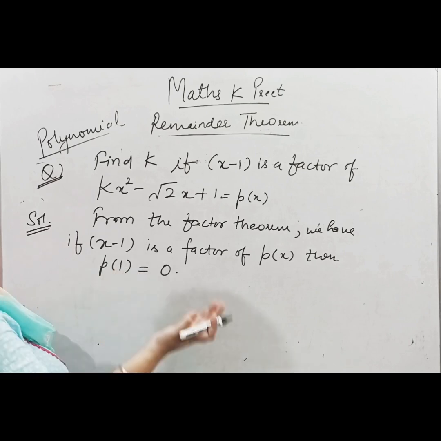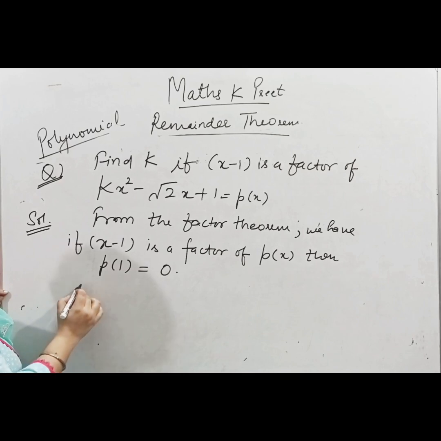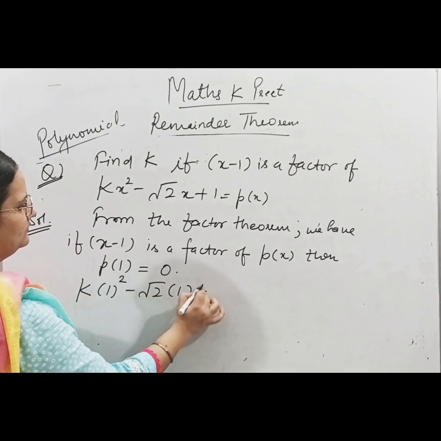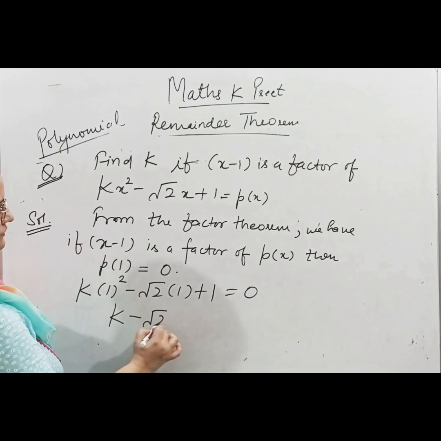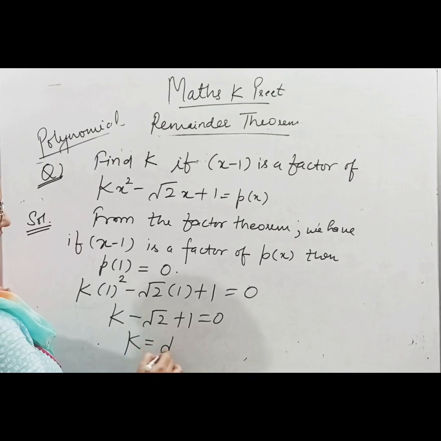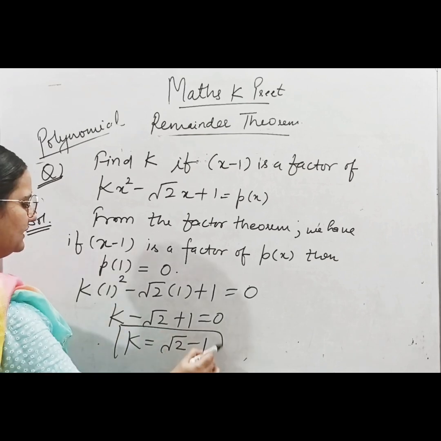The factor theorem says p of a, so here a is 1, p of 1 equals 0. So we will put the value x as 1 here. k into 1 square minus root 2 into 1 plus 1, we will equate this to 0. k minus root 2 plus 1 equals 0. So k equals root 2 minus 1. So this is the value for k.